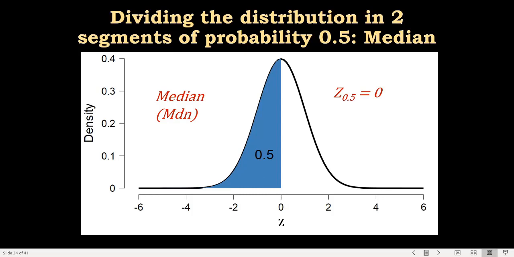The value that divides the normal distribution into two equally probable parts is 0. Now, a value that divides a distribution in two parts of equal probability is called the median. It's another measure of central location.